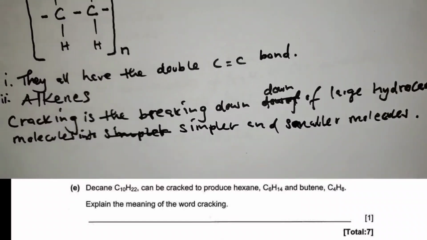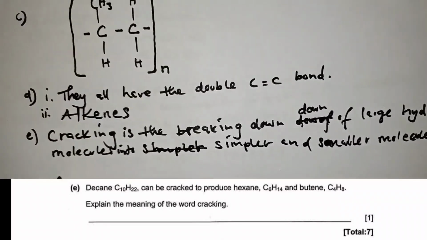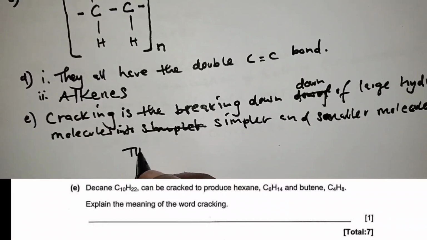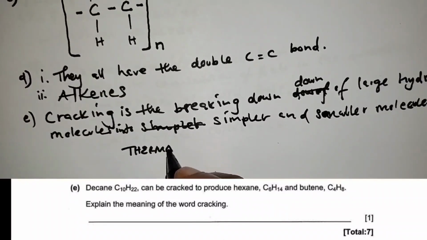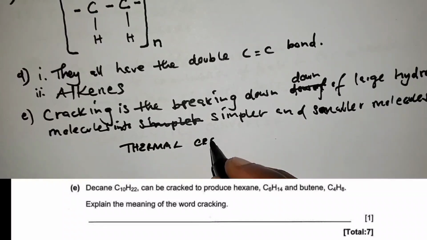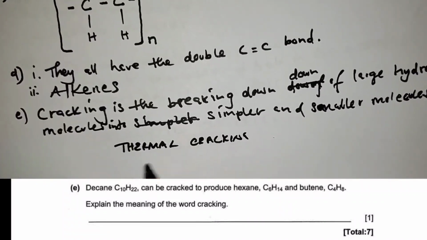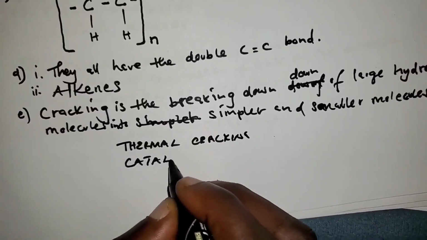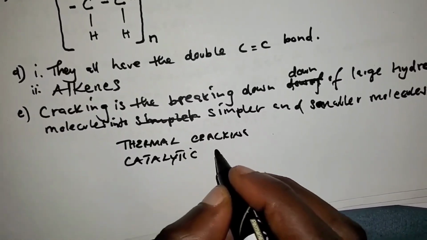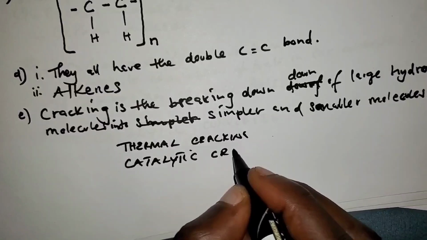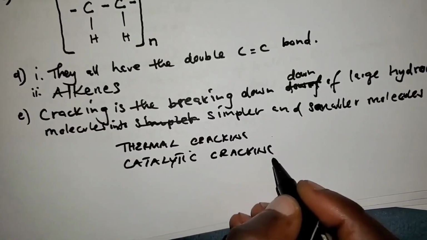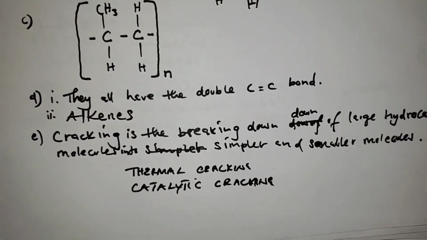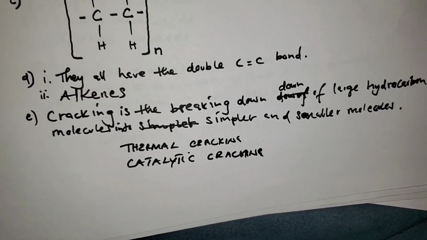And just an additional information, a bonus to you, there are two types of cracking. There is thermal cracking, where you use heat, and there is also catalytic cracking, where you use a catalyst. These are the two types of cracking. Those are the answers to this question.